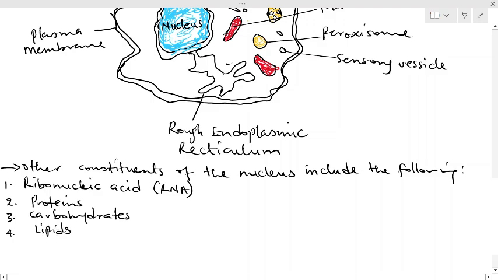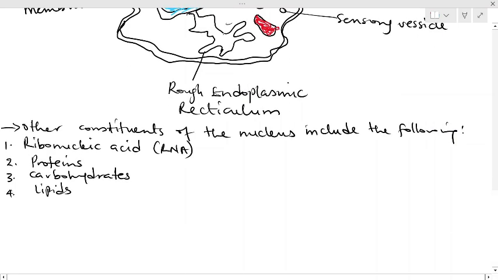Then for this isolation to take place, the first necessary step is the disruption of the cell. That is very key to note. The first necessary step is the disruption of the cell to release either the nucleoid or the nuclear materials.